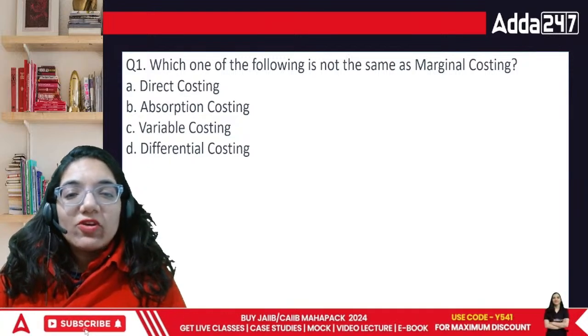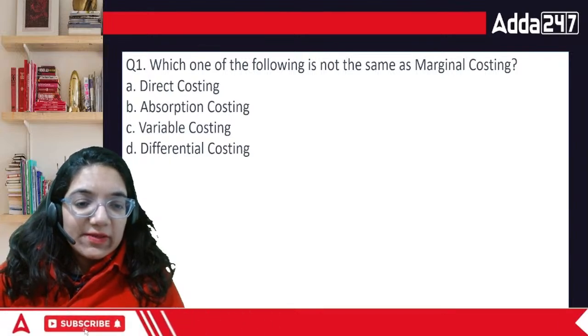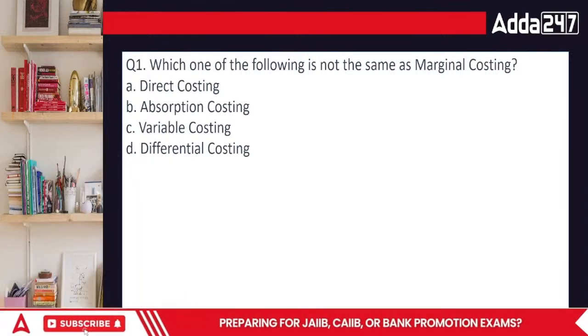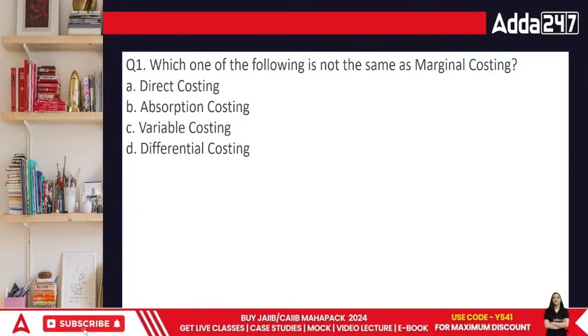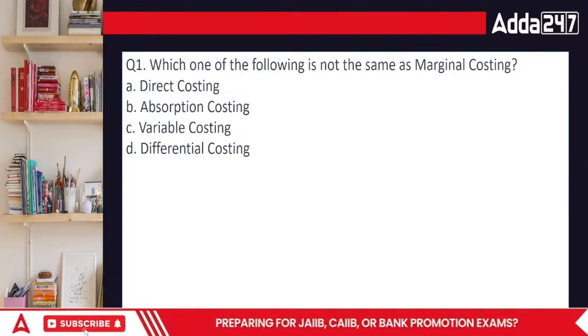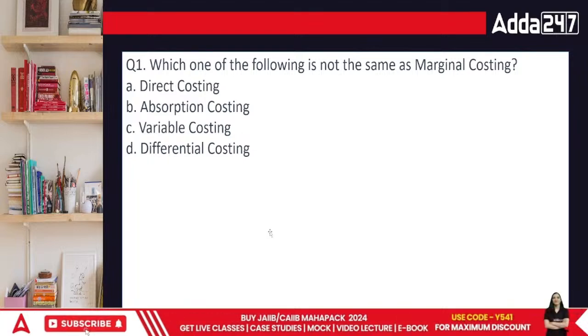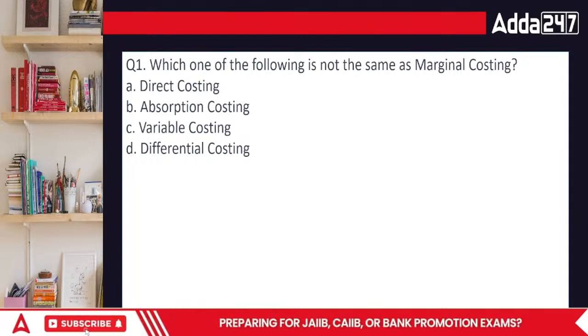Which one of the following is not the same as marginal costing? Direct costing, number one. Then we have absorption costing, variable costing, or differential costing. Everyone, what's the answer to this? Direct costing is actually the costing which is related to this area, so that cannot be the answer. Then we have variable costing, marginal and variable are same. Differential costing, every time I make more production, then the cost will also differ.